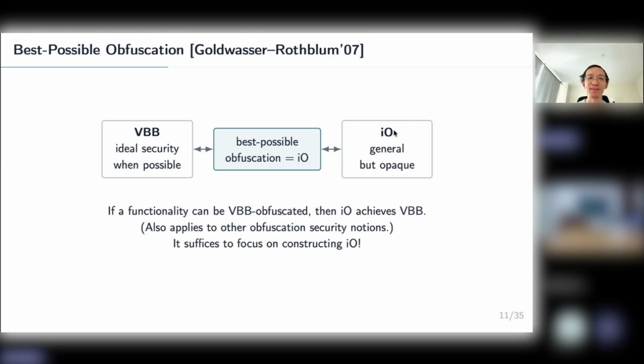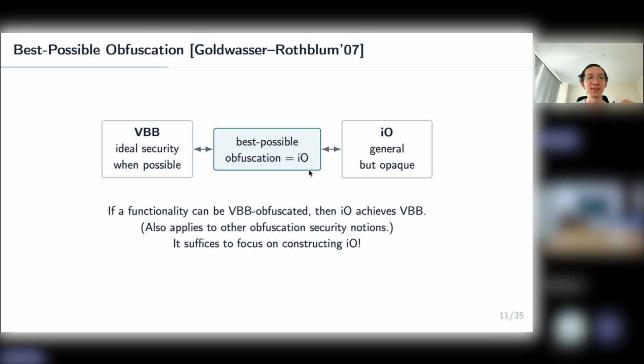But when it was first proposed, people were really unsure what to think of it, because a priori it's not very clear how you can use it for applications. It's only in the last 15 years or so that people started to understand how to use IO to do meaningful things.